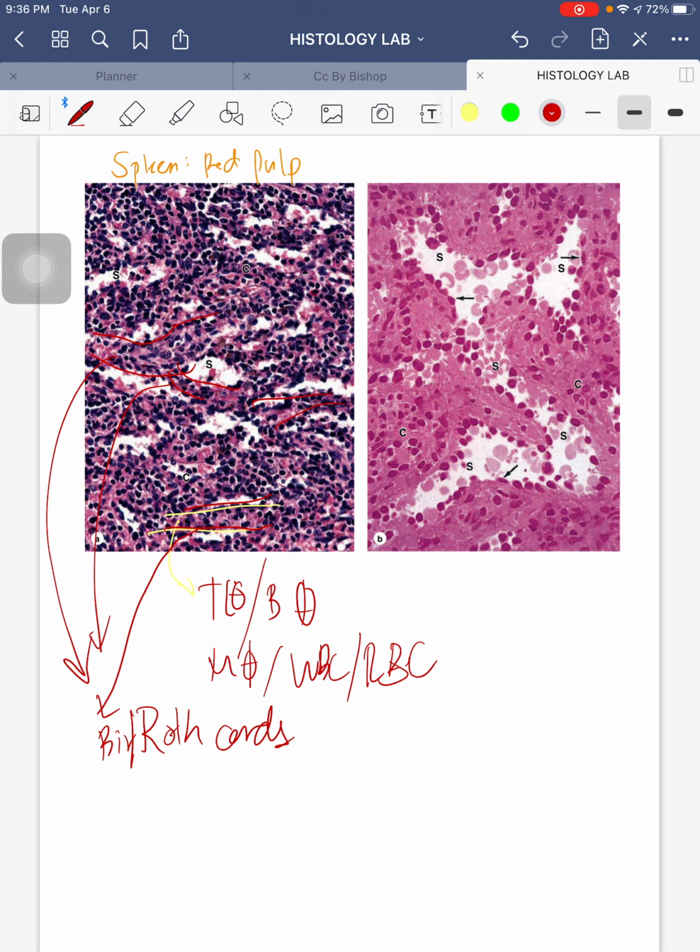That's what you can see in the red pulp. Aside from that, you can also see your splenic sinusoids. Your splenic sinusoids are lined by these cells. I don't think you can see this, or maybe you can since it's digital, but usually in lab it's very hard to identify, but if you zoom to a higher magnification like this, that's possible. These are stave cells.